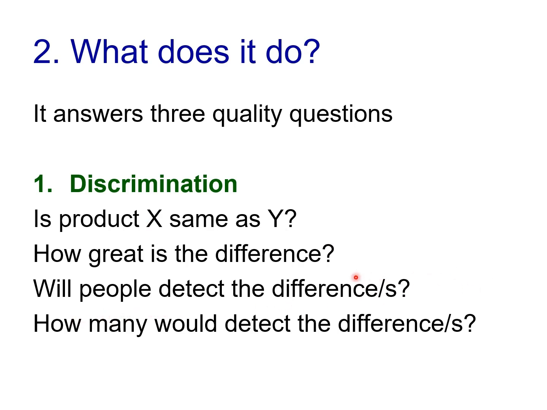If there is a difference, will it affect them, and how many would detect it? According to your expertise, you can say how many people would be able to detect this difference. Those are the quality questions in the discrimination test.